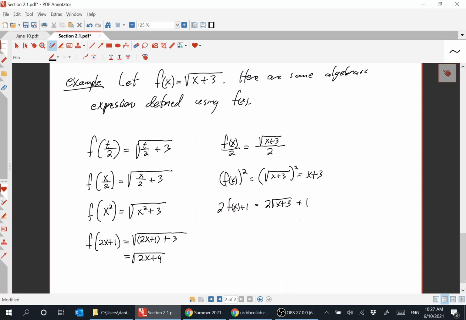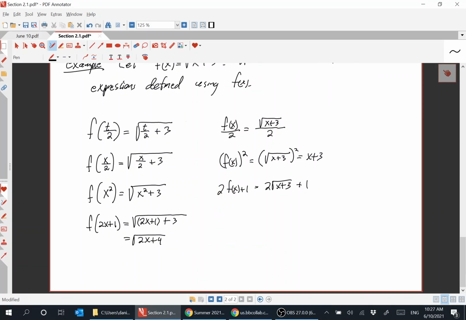Or you can do a lot of these things together. You can combine a lot of these ideas by plugging in different things for x and having multiple expressions defined using f of x. So how about this? f of t plus 2 minus f of 2 over t.